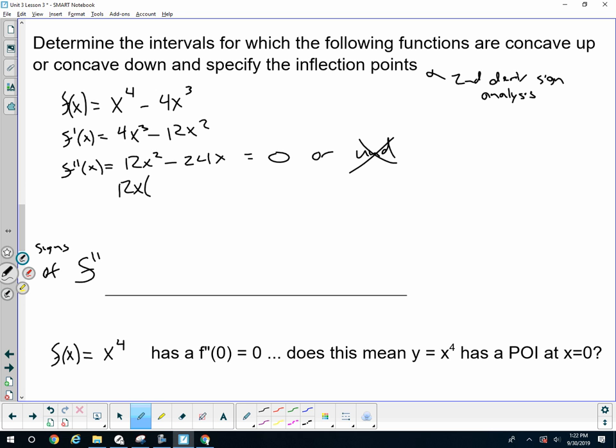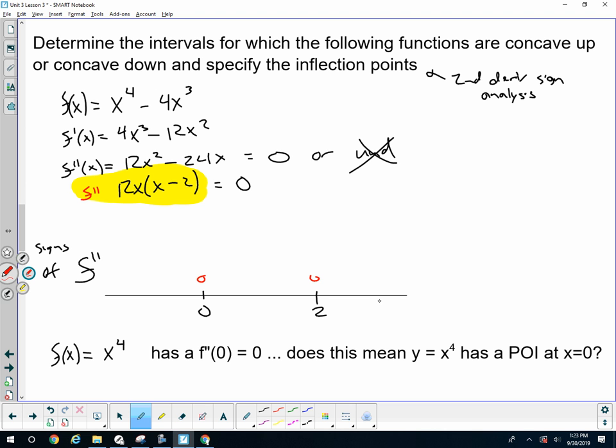So I will factor to solve. I get 0 and 2. And then I remember that if I just plug in test points, as long as I've exhausted all of my zeros and all of my undefineds, I know that using one test point in an interval will give me the signs of all of the points in my interval.